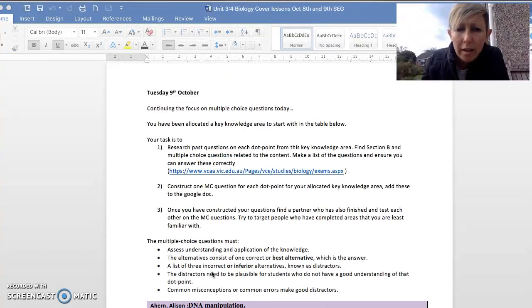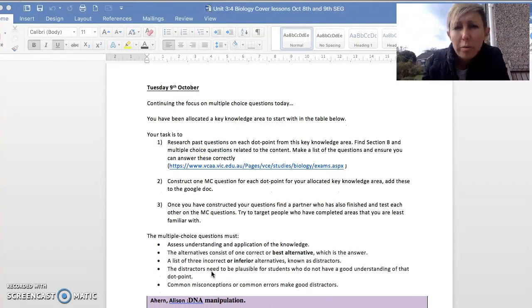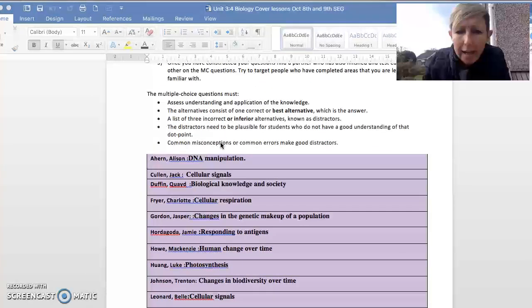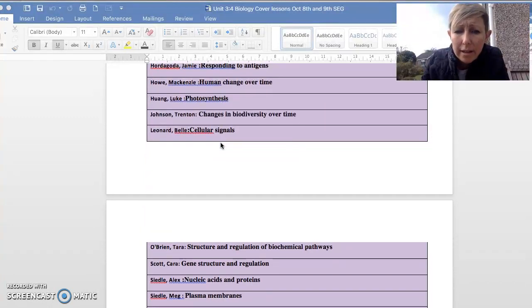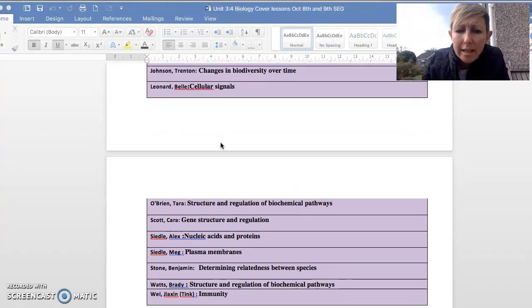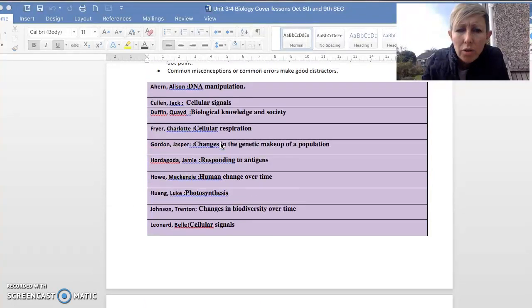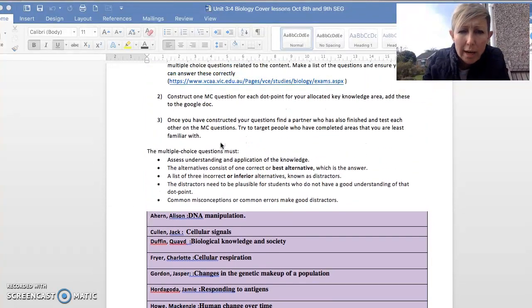On Tuesday, we continue the focus on multiple choice, but I need you to construct some multiple choice in particular areas of the study design. So I've allocated each one of you an area of the study design. These are key knowledge areas, and each one is broken into the dot points, as you're aware.